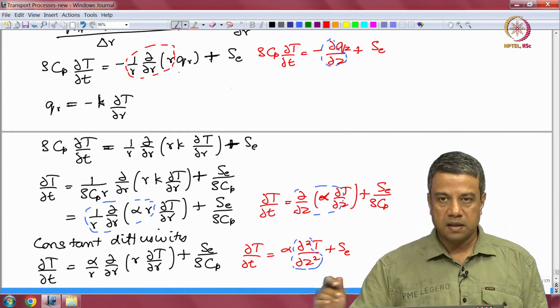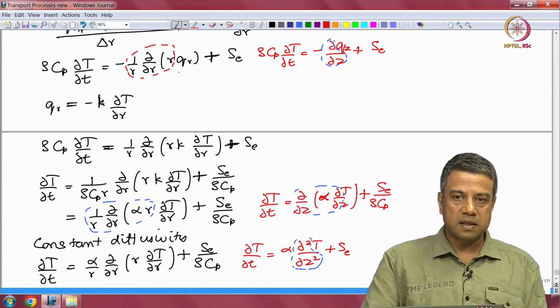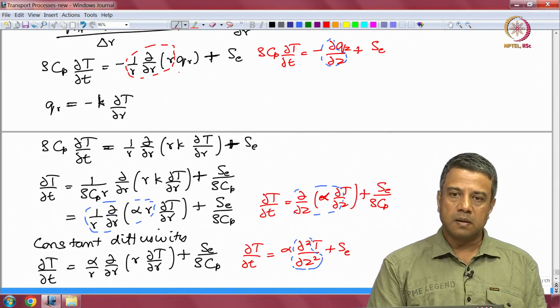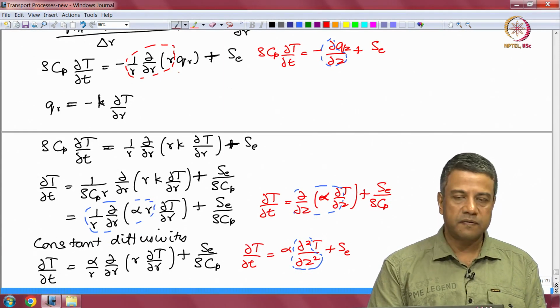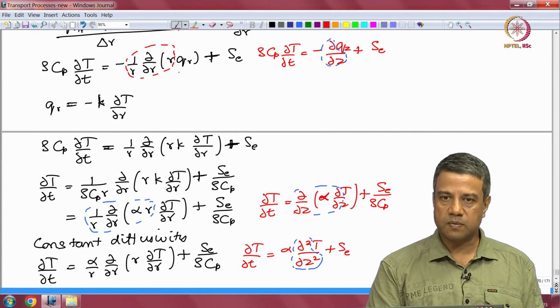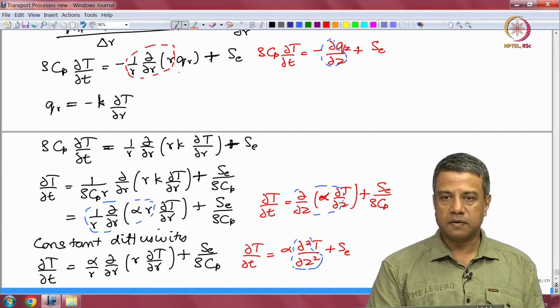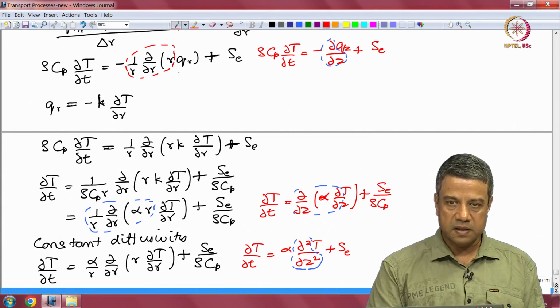So, that is the change in the balance equation for a curvilinear coordinate system. Because we had modified the bounding surface to be a surface of constant coordinate, the differential operator changes for the diffusion term. The reason is because the surface area is changing.